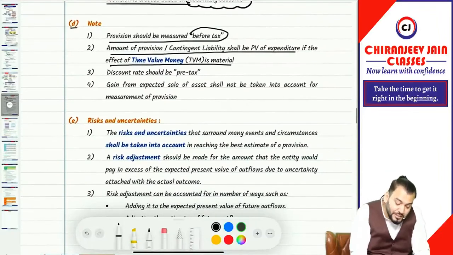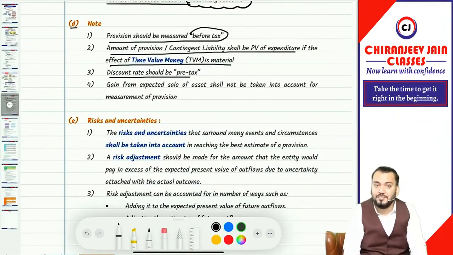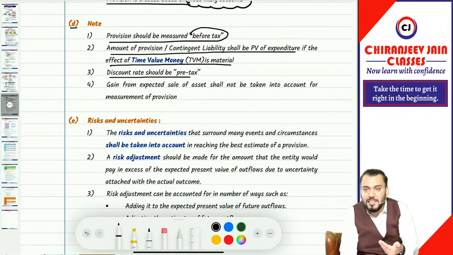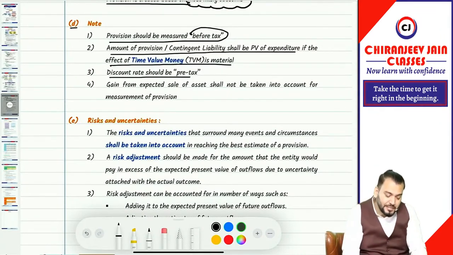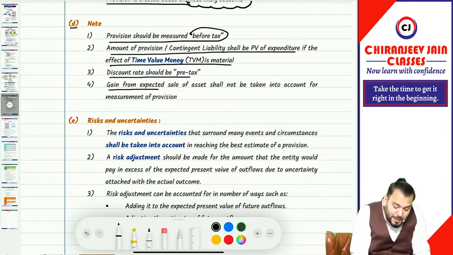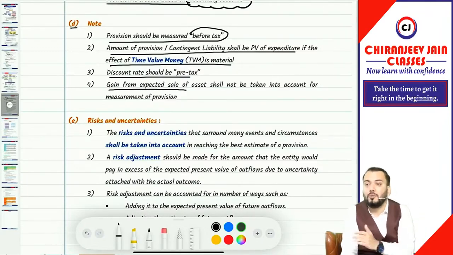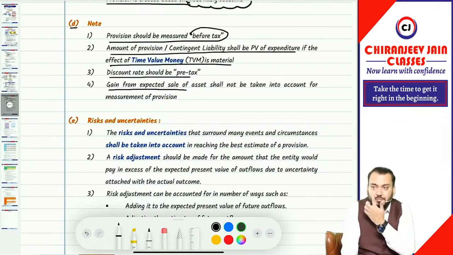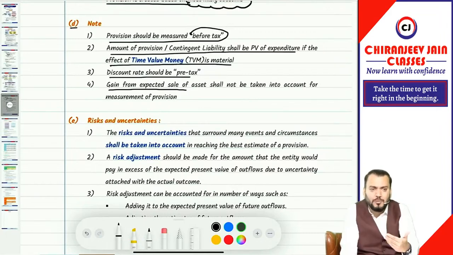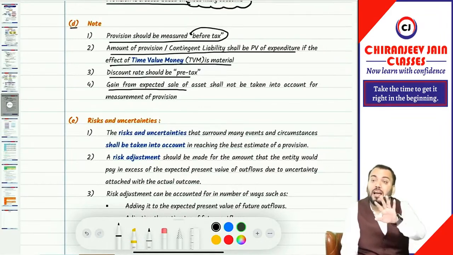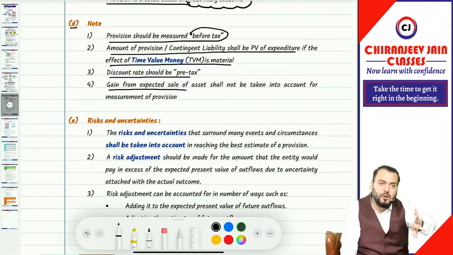Then the discount rate should be pre-tax only, not post-tax. Then the last point: gain from expected sale of assets shall not be taken into account for measurement of provision. While you are creating a provision, any gain from sale of assets should be ignored, because gain from sale of assets will be covered in some other chapter.